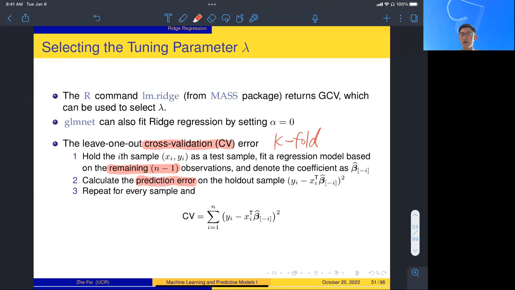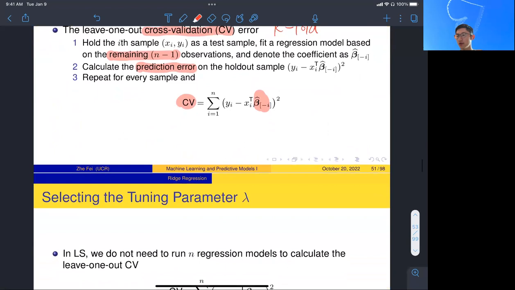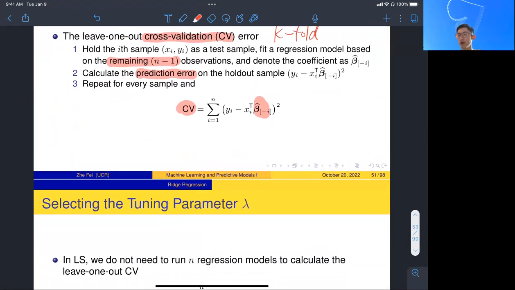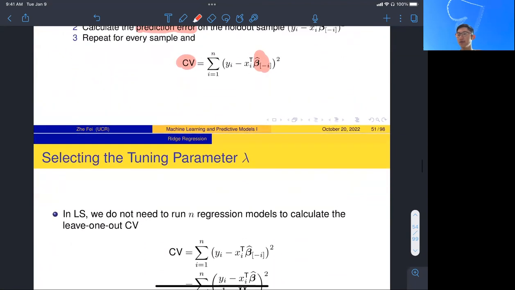And repeat this for every single sample, and we get the cross-validation error, the CV here. Each one of these beta hat minus i is estimated using n-1 observations. So leave-one-out cross-validation is an unbiased way to calculate the error, and essentially we only need to minimize this CV.